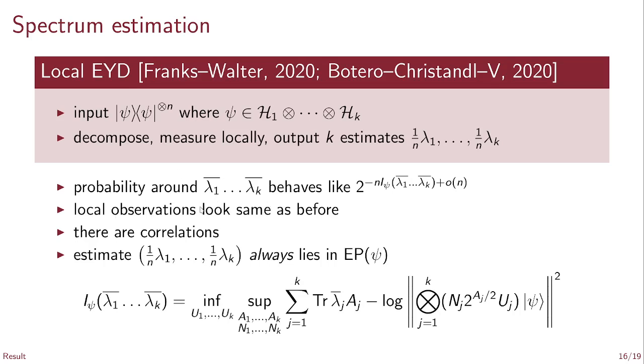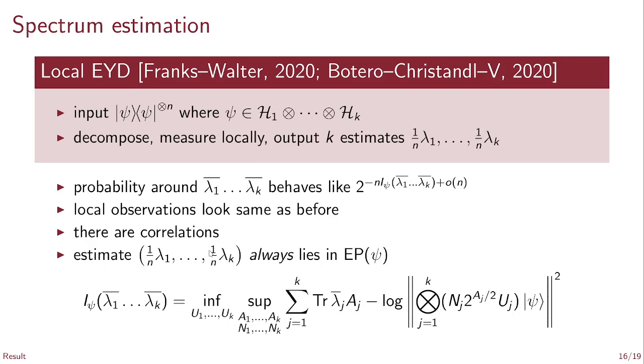But these observations will not be independent of each other. There are non-trivial correlations between what the parties see. And in particular, there's a very strong constraint that the estimate will always lie in the entanglement polytope. So that means that this rate function I is infinite outside the entanglement polytope.